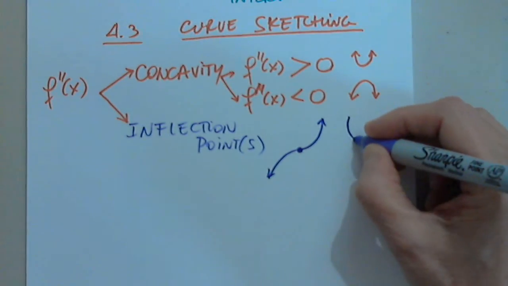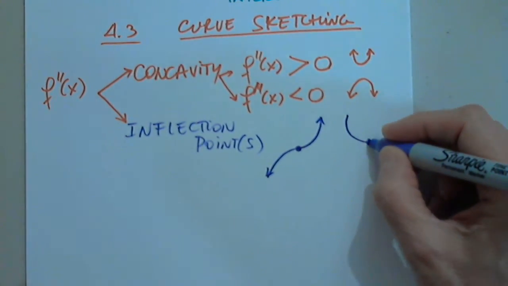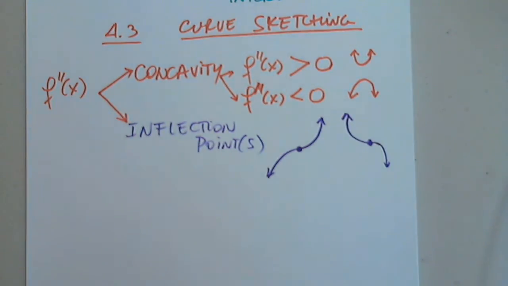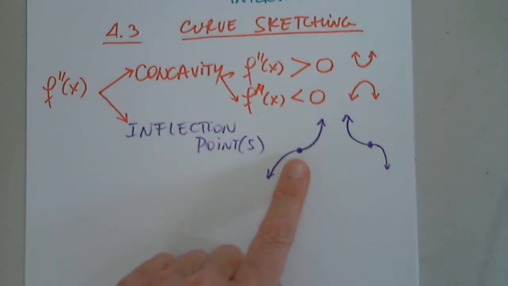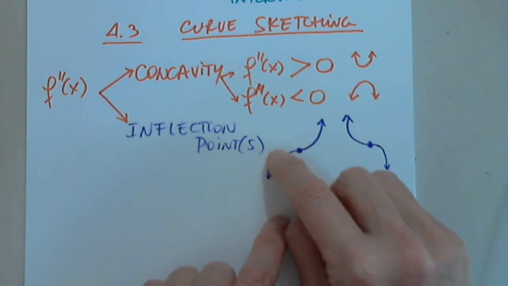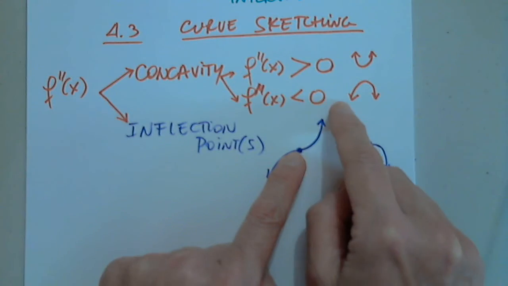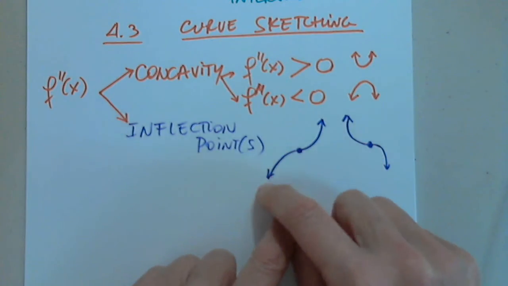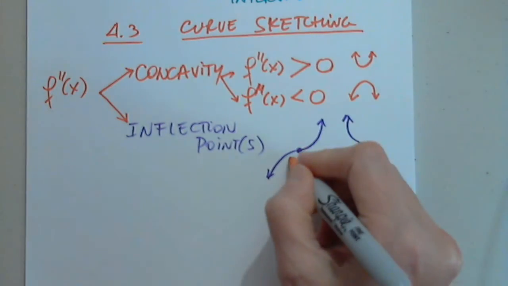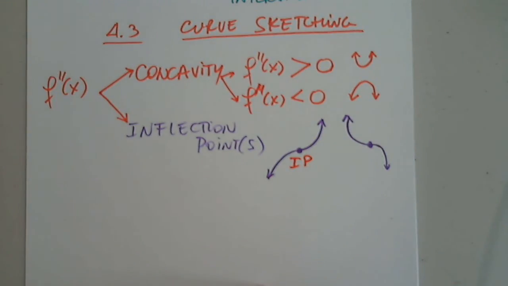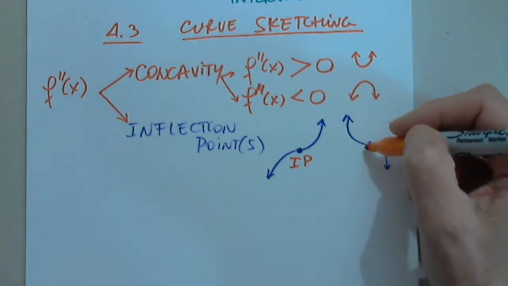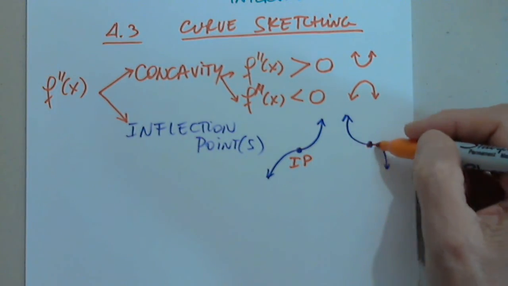So the inflection point is when the function changes concavity from opening down to opening up. So at this point it changes concavity. This is an inflection point, abbreviated always IP, right here. Same thing, it comes from opening upward and all of a sudden it opens downward.